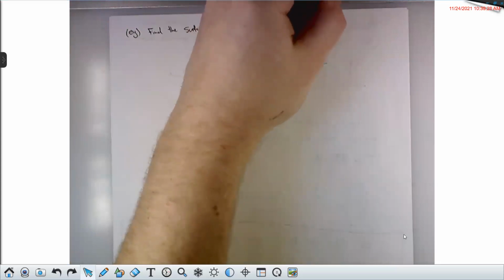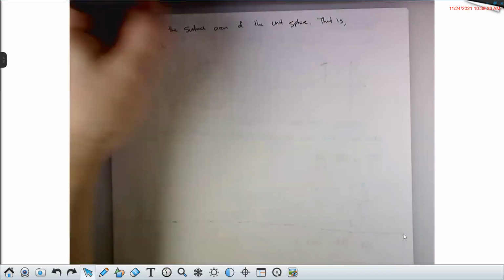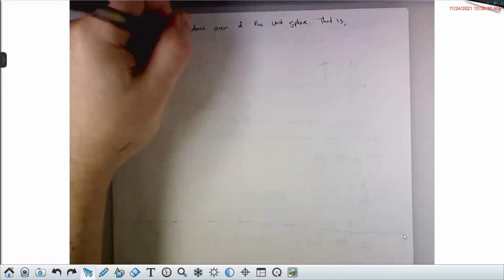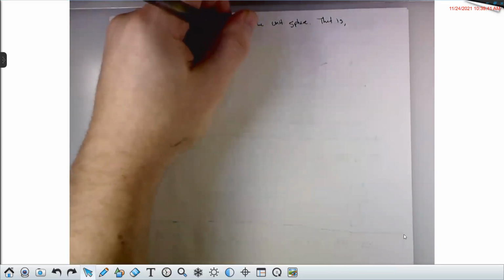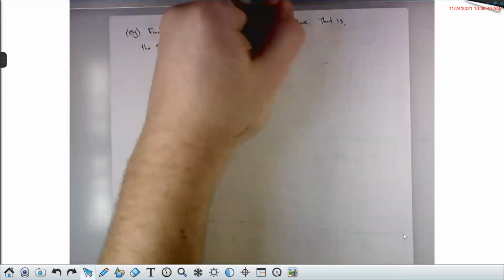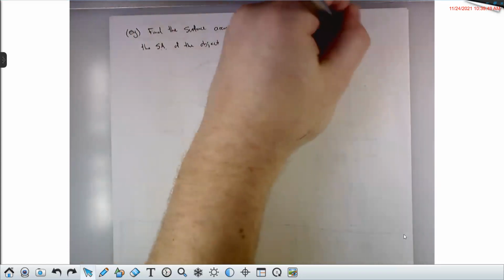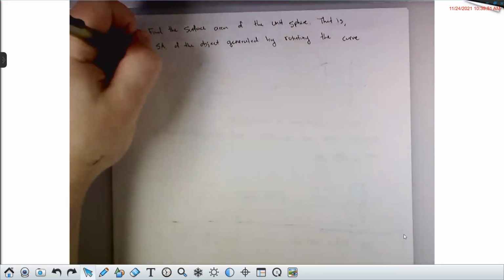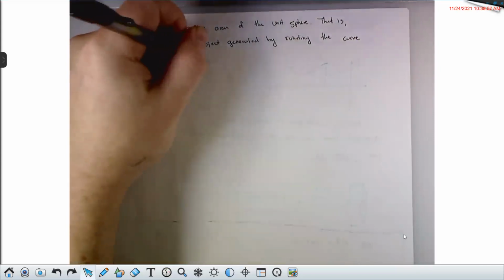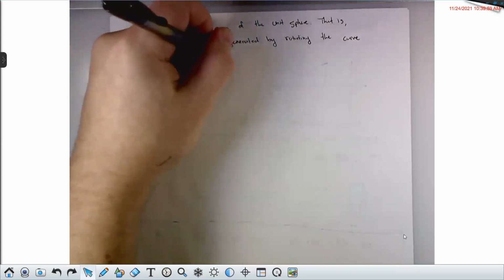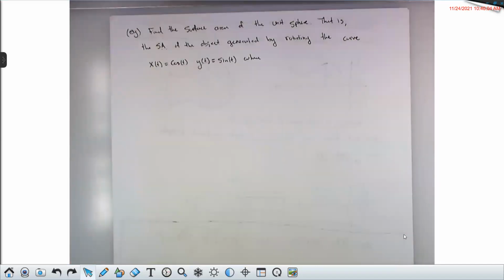That is the surface area of the object generated by rotating the curve. I'll do just the upper semicircle, which is x of t equals cos t, y of t equals sine t, where, well, maybe we'll just do the lower semicircle.